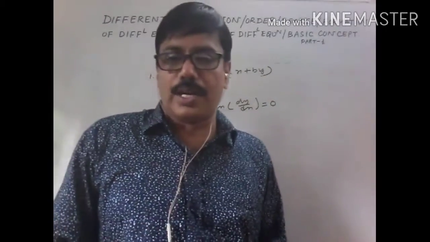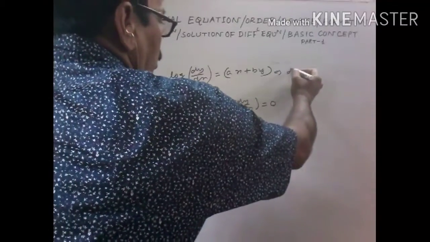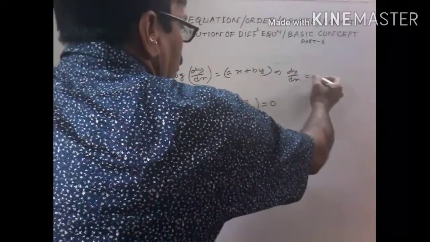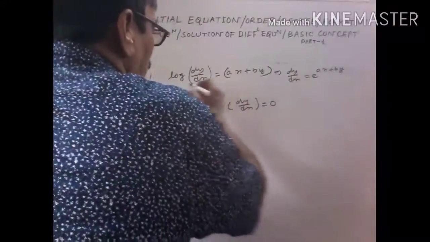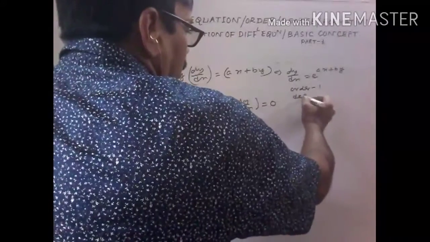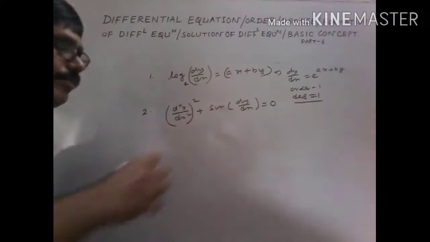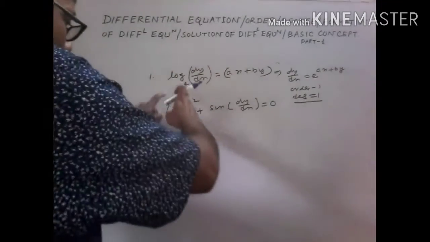We have to find the order and degree. If we simplify the first, we get dy by dx equals e to the power ax plus by. So the order is 1 and the degree is also 1. Now look at the second problem.